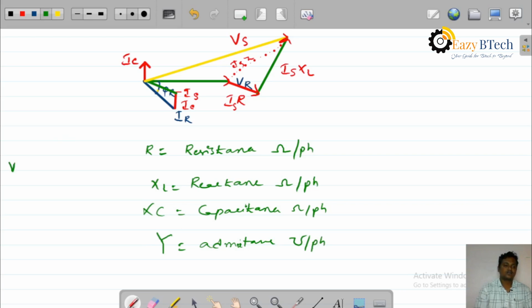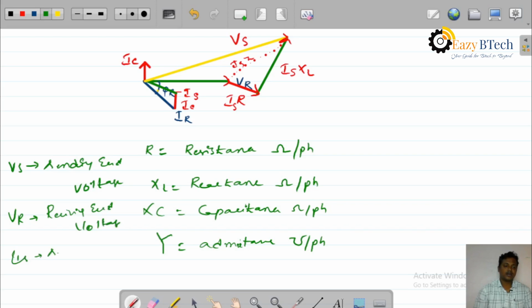Vs is the sending end voltage. Vr is the receiving end voltage. Is is the sending end current. All the parameters are per phase. IR is the receiving end current.